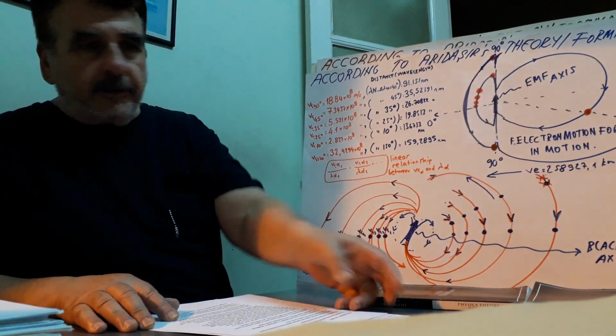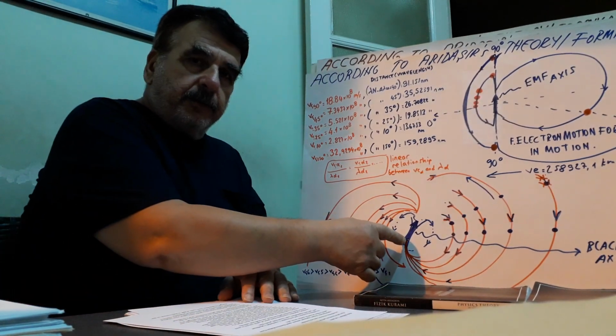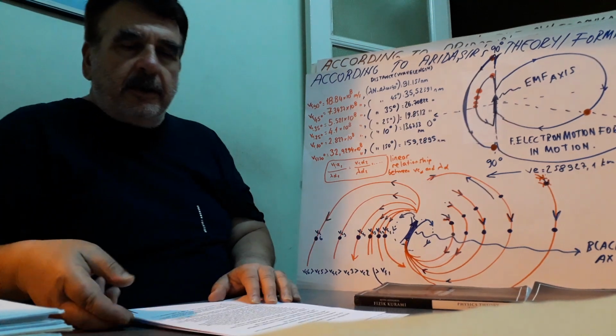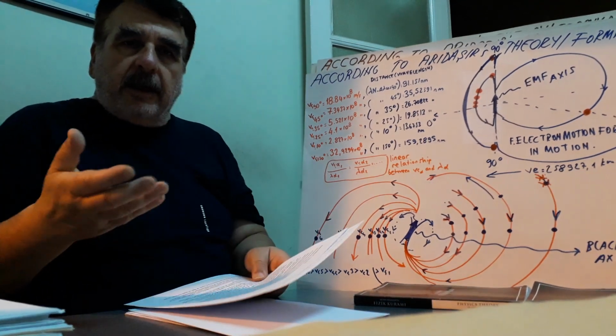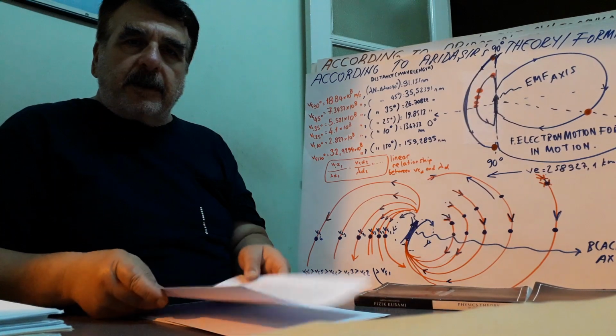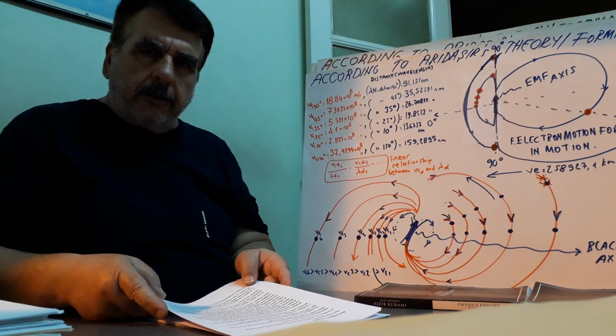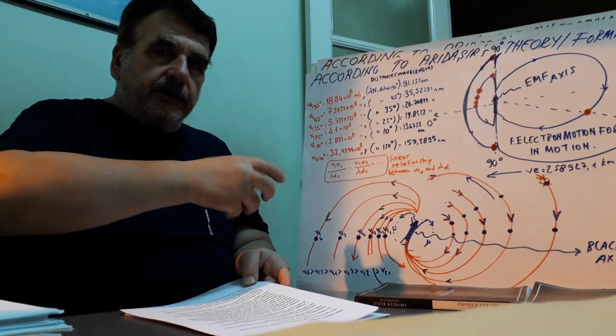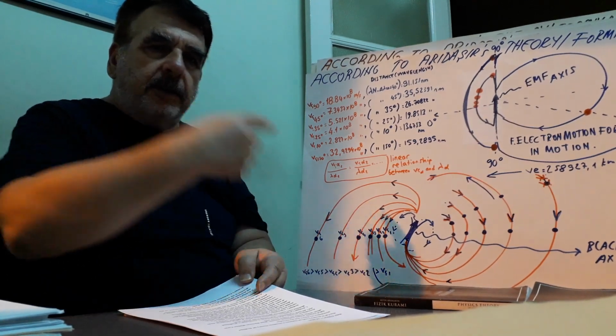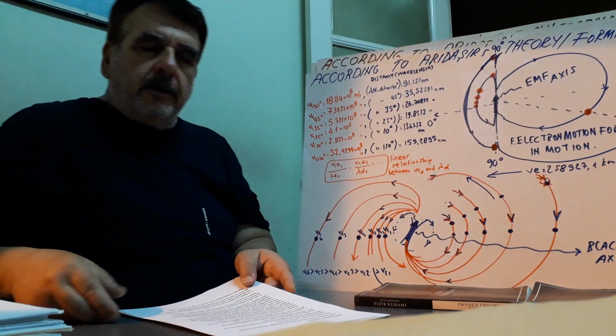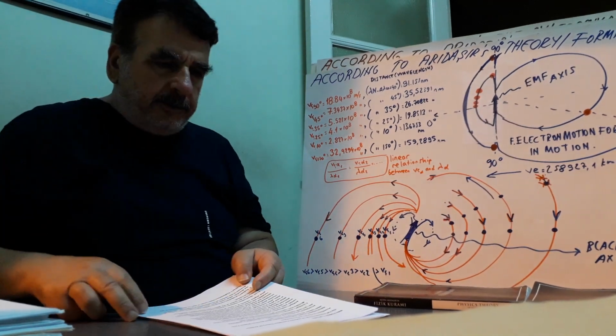Spiral galaxies. At the center of a spiral galaxy, there is a giant electron motion form, in other words, a black hole, which is rotating around its motion arrow axis.